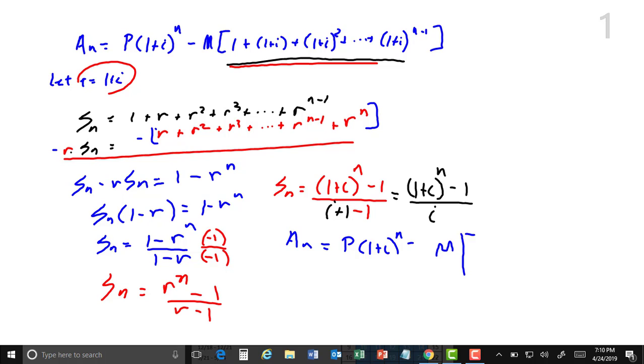I'm going to write it here, which just simply means 1 plus i raised to the n minus 1, all over i down here. You see that? Now, suppose that we have in our final payment, let's say the n is equal to 360.